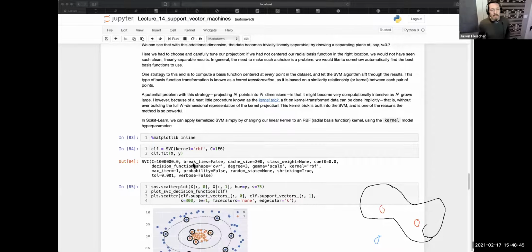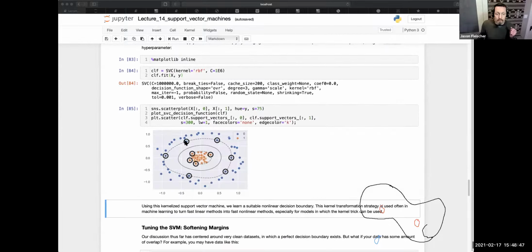These are the picked support vectors. And there is some linear combination of the Gaussians operating on each one of these data points, which is defining this boundary right here. Okay. Does that make sense to people?